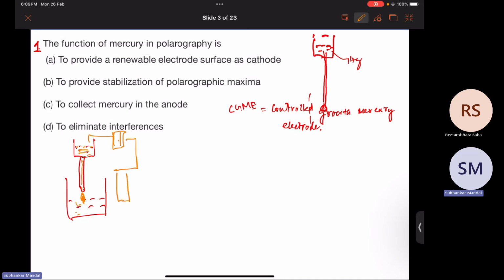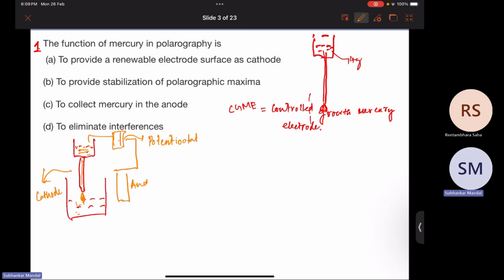So if this is the cathode, that will be the anode, and that is the potentiostat.